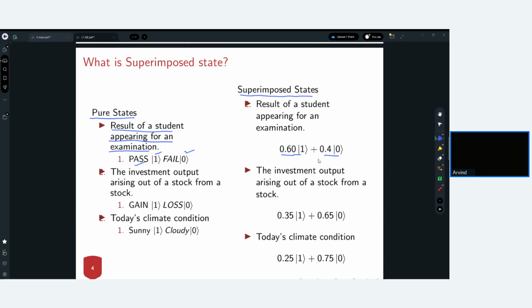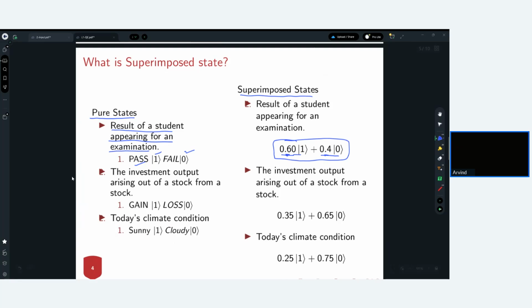If this is the case, then we can represent that situation with the help of a superimposed state, where we mean that there are 60% chances that the student passes the examination, and 40% is the possibility that the student may fail. So this is one way in which you can encode this information through a superimposed state.